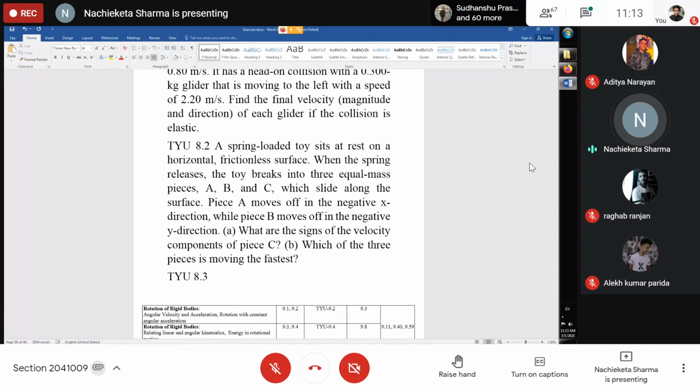What are the signs of the velocity components of piece C? Which of the three pieces is moving the fastest? Because you will be answering MCQ type questions, you need not do much of theory. You should estimate and try to do all these type of questions. So let us discuss these questions.